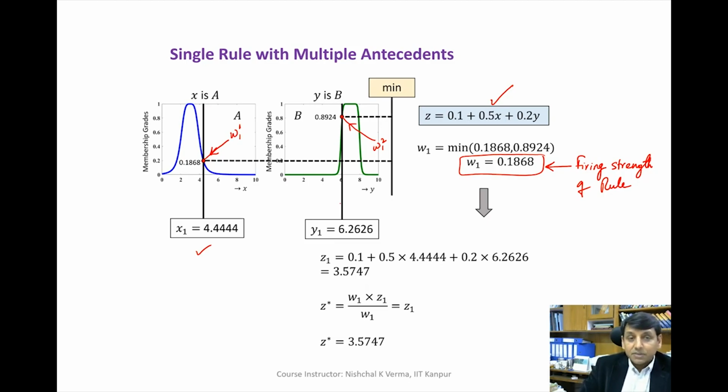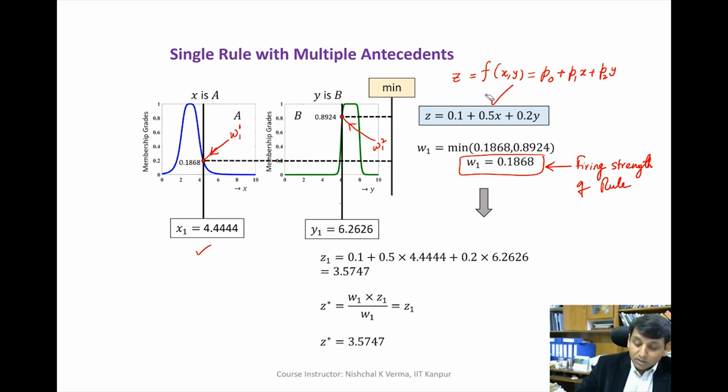And please note that since we have here two antecedents, the Z is in terms of X and Y. So we see here the X, Y, which is nothing but the output, let's say Z, and this is of this form: P0 plus P1 X plus P2 Y. So this is how we are getting the Z calculated for this. And this is nothing but the Z1.